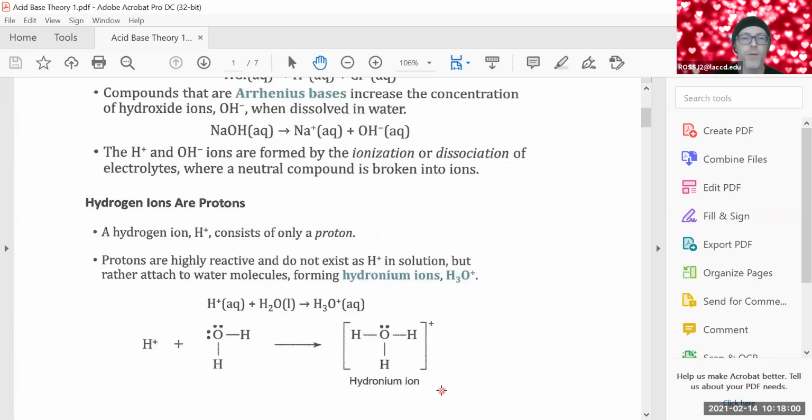If ever you have material that has proton, you can just convert it to the better, more realistic form, the hydronium ion, just by adding a water molecule. That's a way to quickly fix the lack thereof. The hydronium ion is how the proton would exist in nature in a watery solution environment.